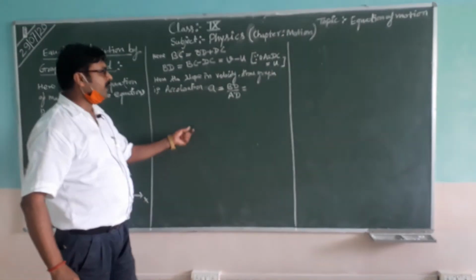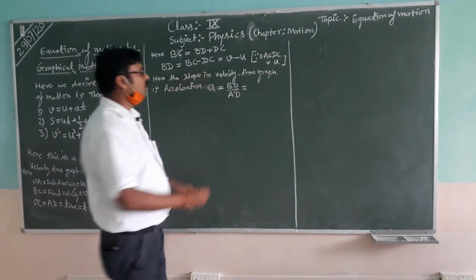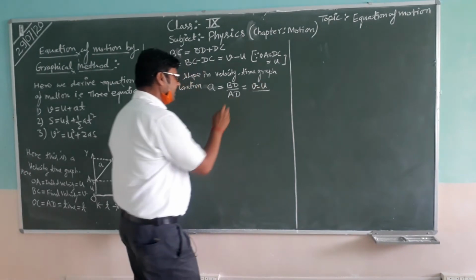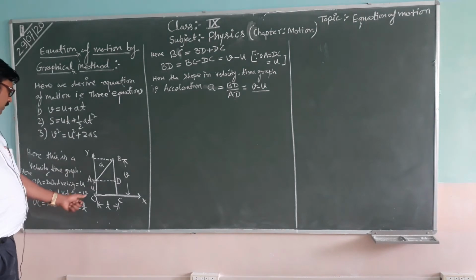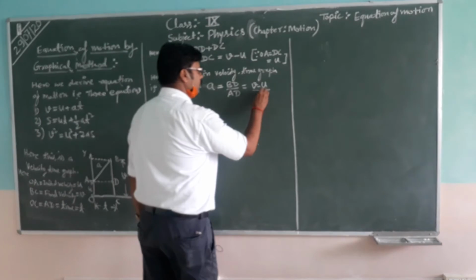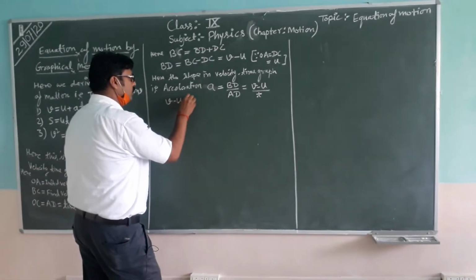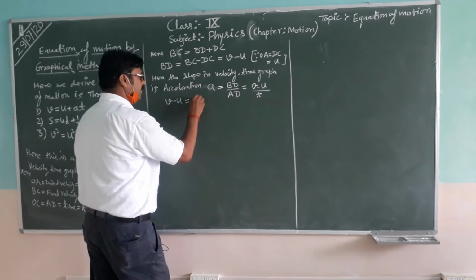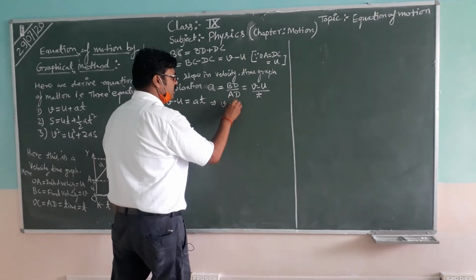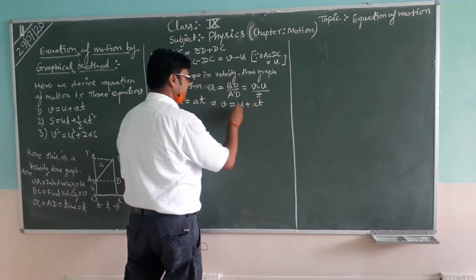Put the value of BD, which is v minus u, and AD is the same as OC, that is t. So from this equation, v minus u equals a times t, that is at. So finally v equals u plus at.